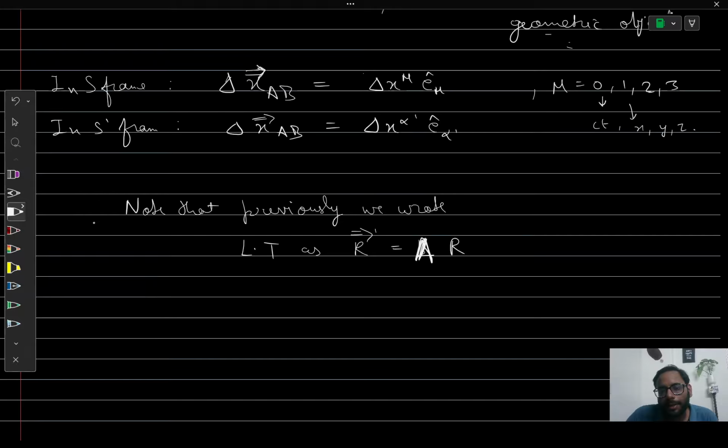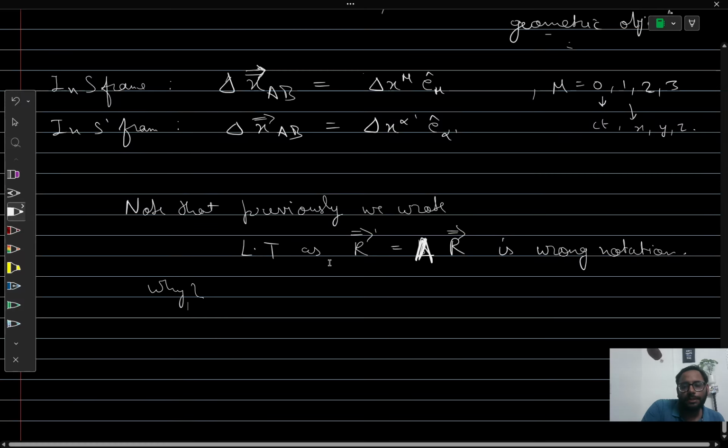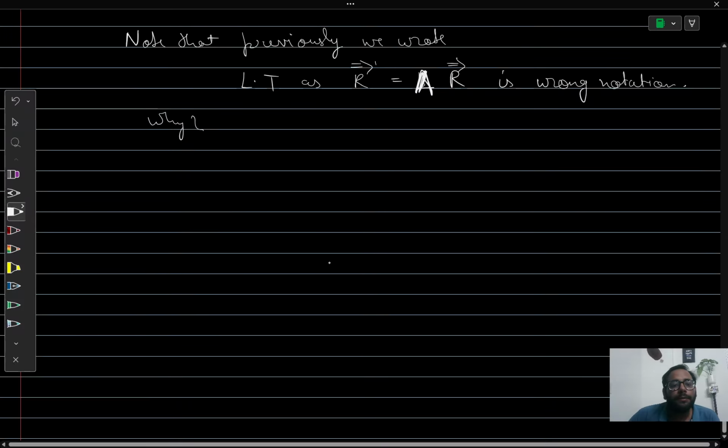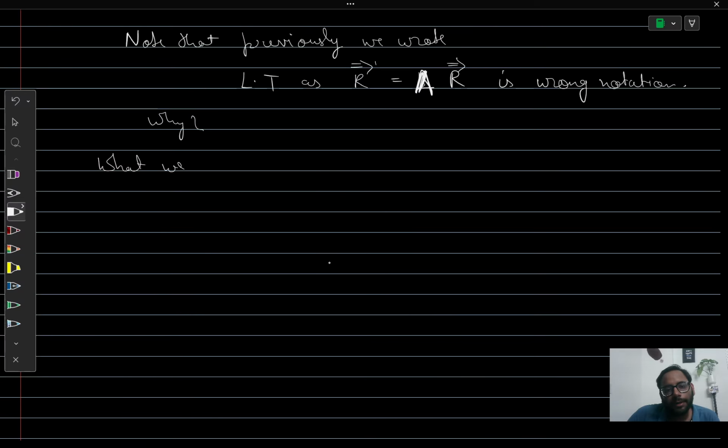This is a wrong notation. Why? You just check what we are doing. What we are doing is actually called passive transformations.